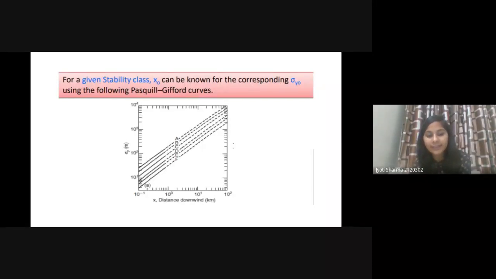Here we can see on the x axis we have the distance downwind, and on the y axis we have the standard deviation in the horizontal direction.